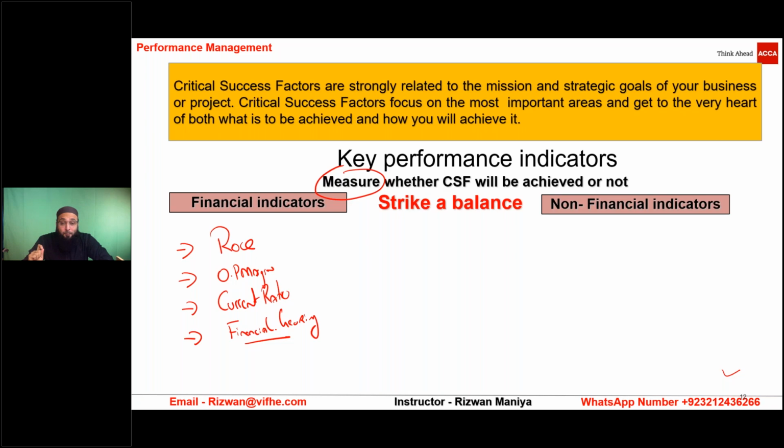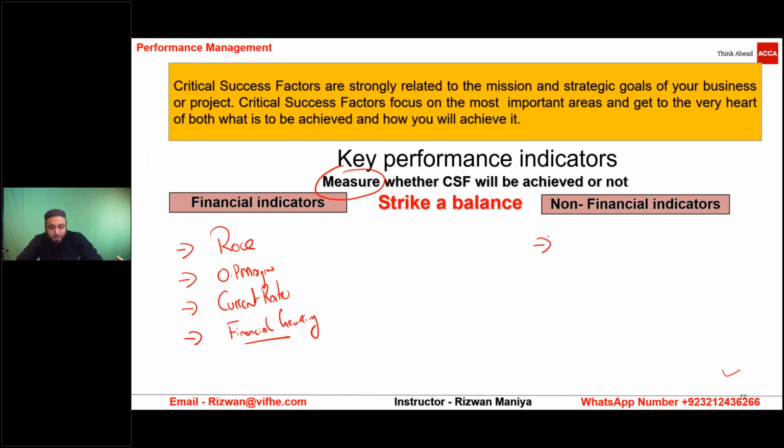But financial performance indicators are historical, based on financial statement numbers, subject to manipulation, and give you a short-term idea. So which ones will indicate whether the business's future is secured or not? Those are non-financial KPIs.